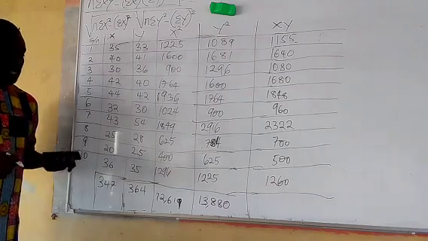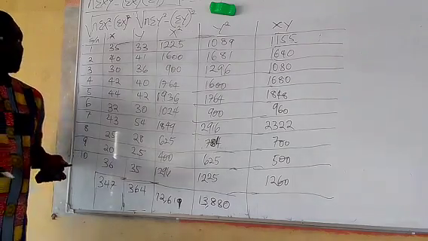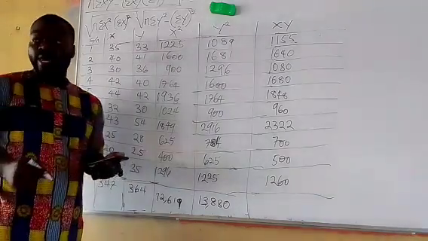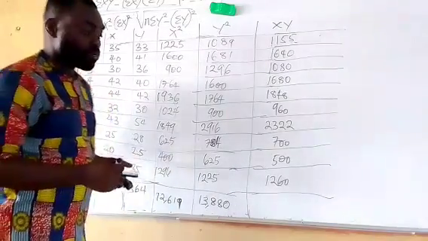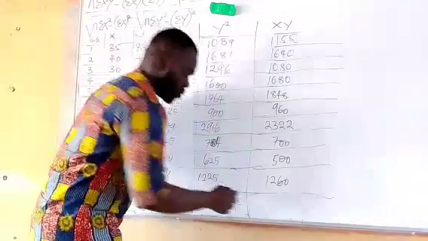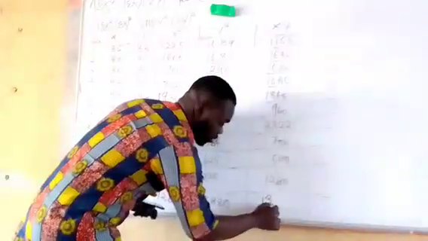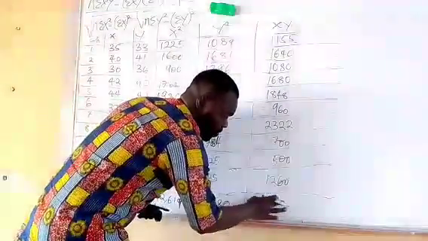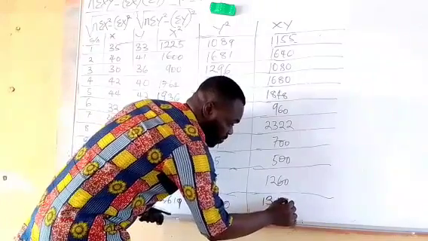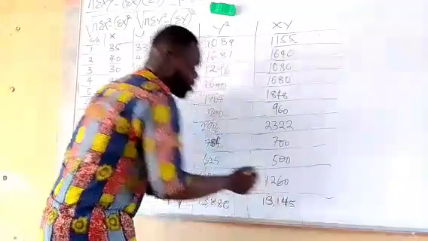Then Y square 13,880. Then XY. What is XY? Mr. Bo, call the figure again for me, please. XY. 13,115. 145. So we added everything together to get these figures.